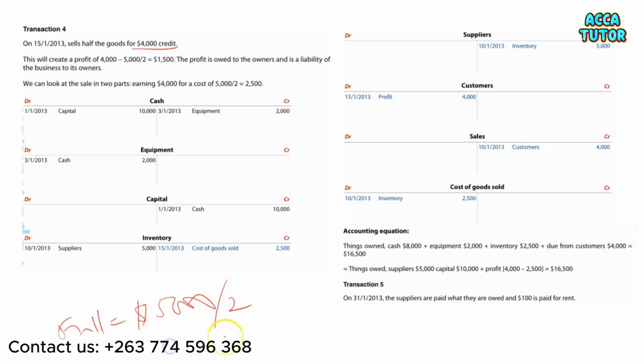So actually, half of the goods were sold for how much? They were sold for 4,000. So which means there was a profit of how much? There was a profit of 1,500. There was a profit of 1,500. So if there was profit, there should be something that has to take place.